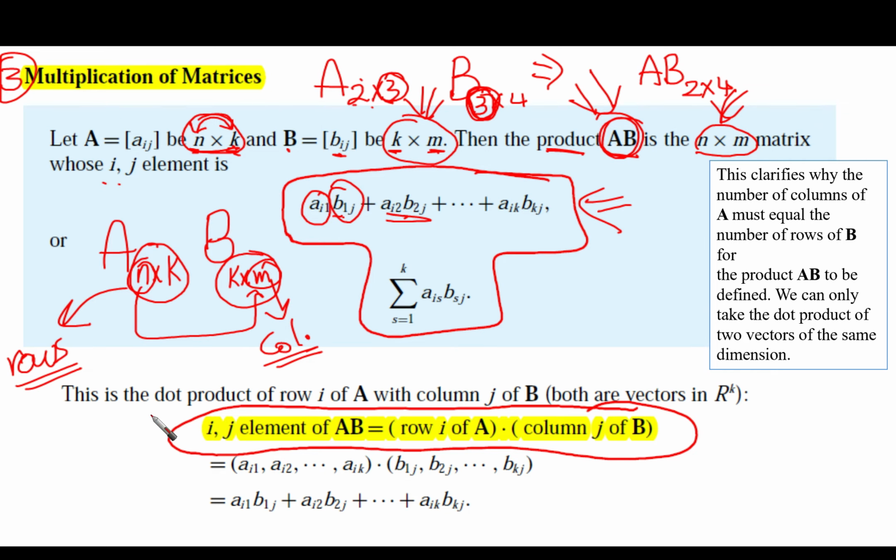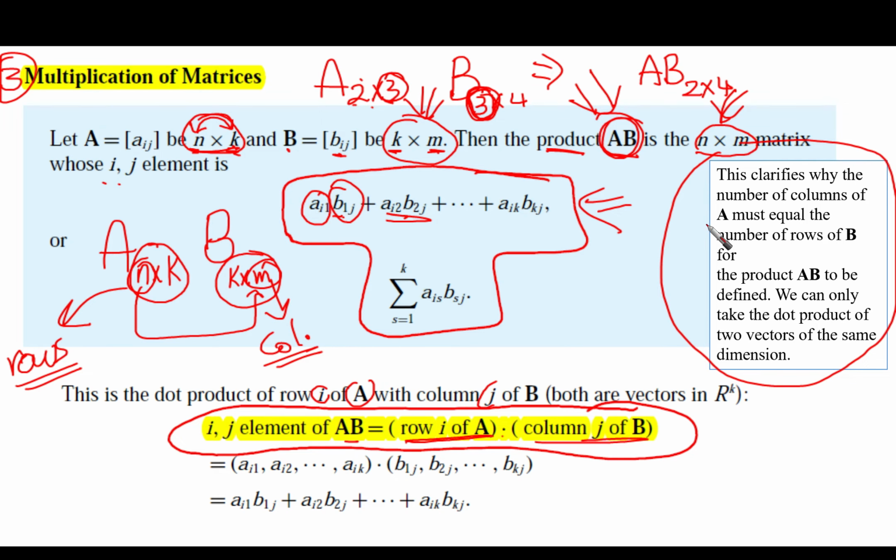Okay, so this is the dot product of row i of A, as you have studied before, with the column j of B. Both are vectors. So the i, j element of AB equals row i of A dot product with column j of B. Before going to the example, I want to highlight this note that I put here.